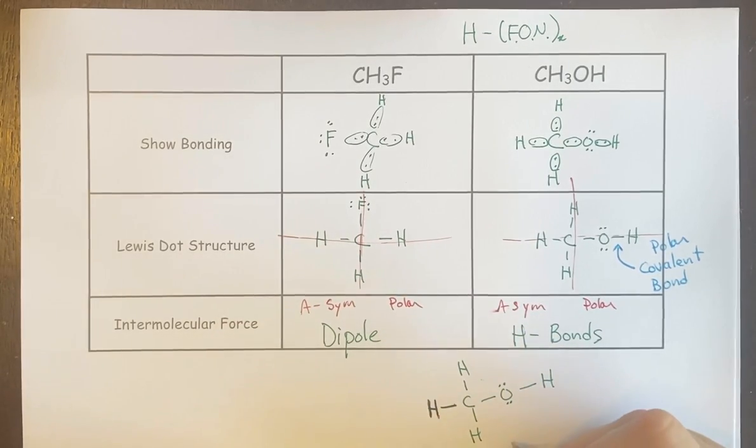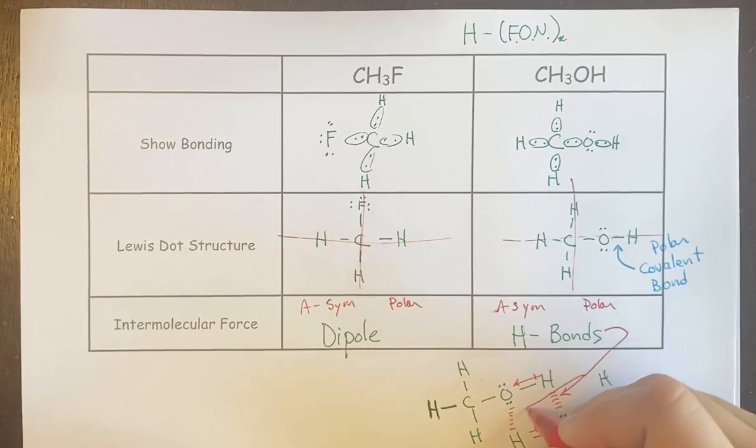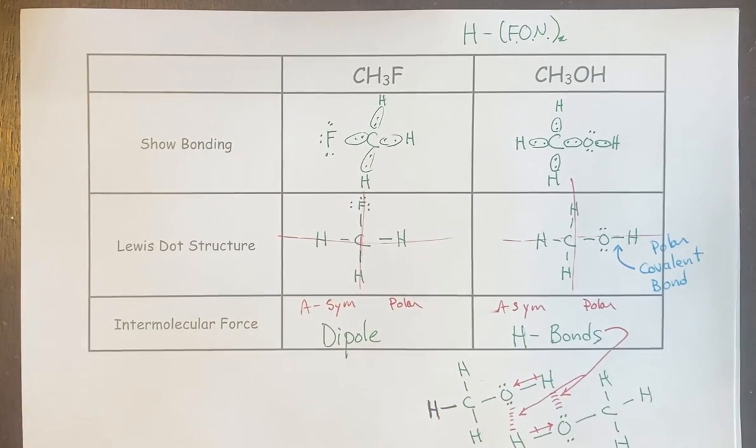So here's one molecule. And when there are two next to each other, because again, one end is positive and one end is negative, you get an attraction between two different molecules.